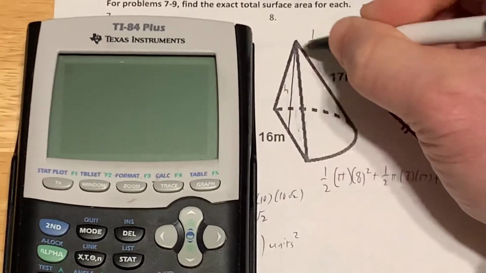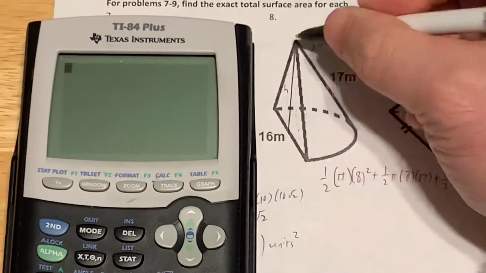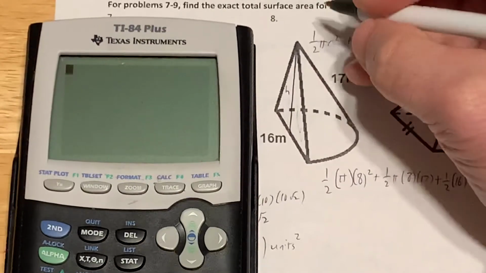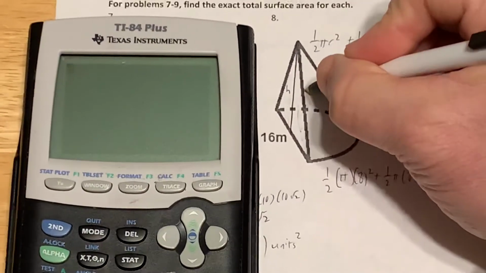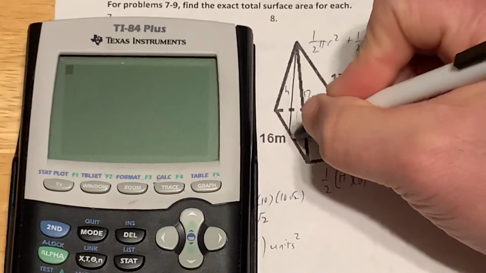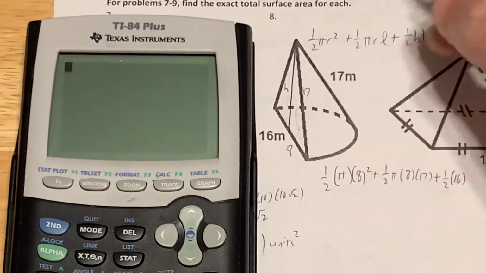That's the height there, which actually the height of the triangle is the same as the height of the cone. So there's the slant height, which is 17. This distance, the radius, would be 8.